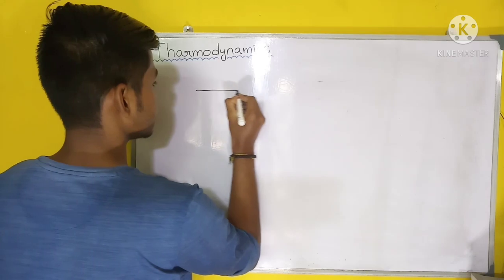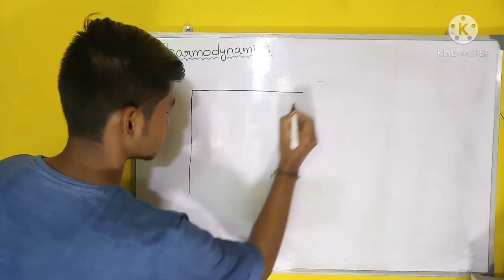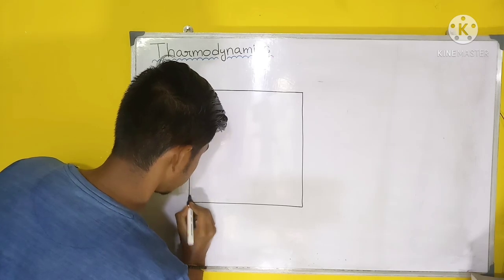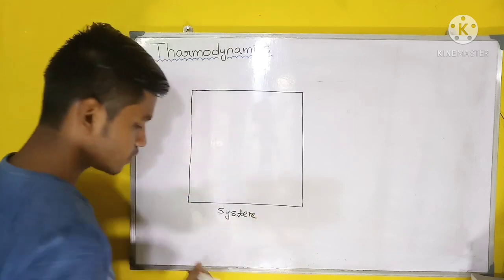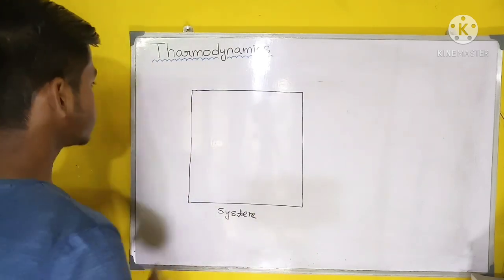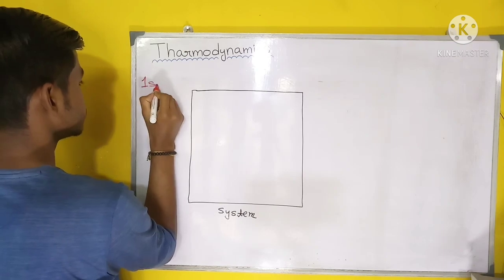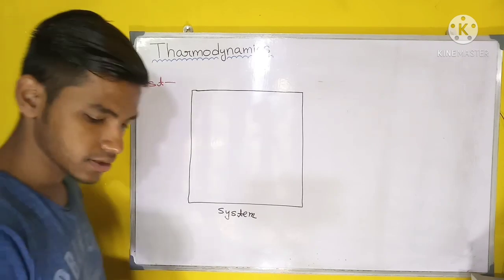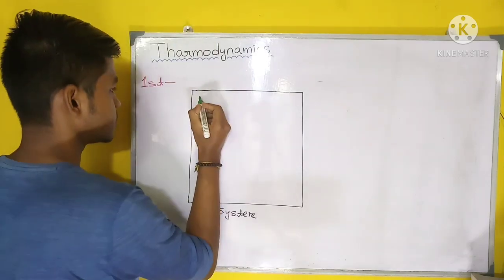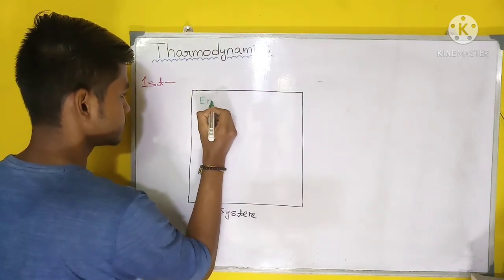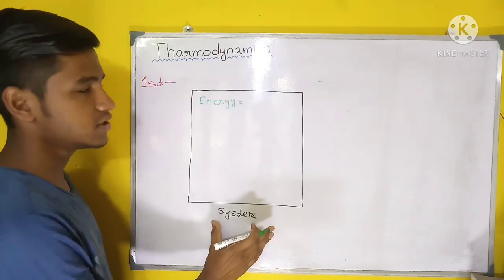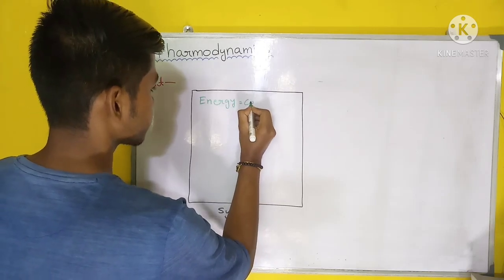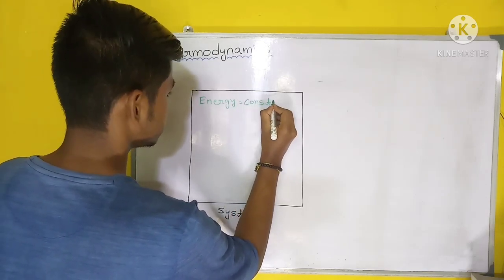So let's start guys. Suppose guys this is a system, or this is actually a universe. So according to the first law of thermodynamics, the total amount of energy in a system or in a universe is actually constant.